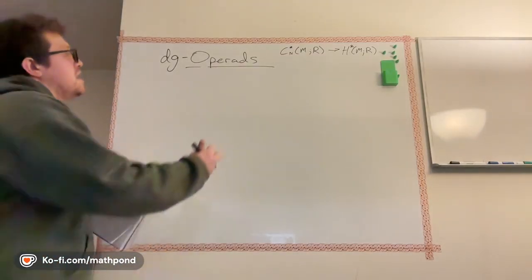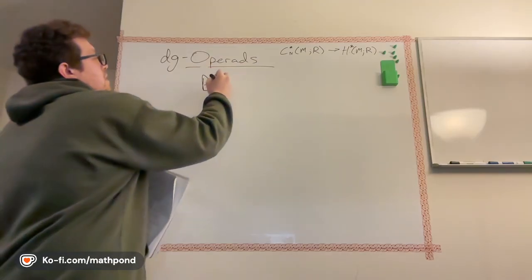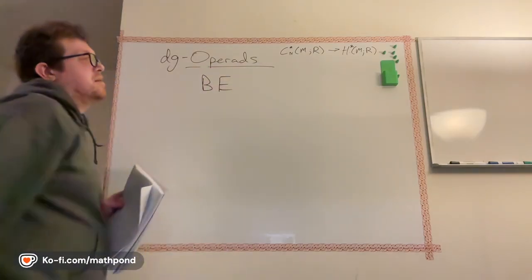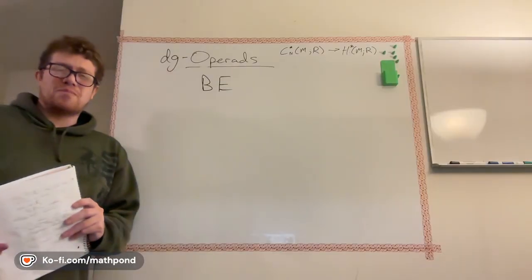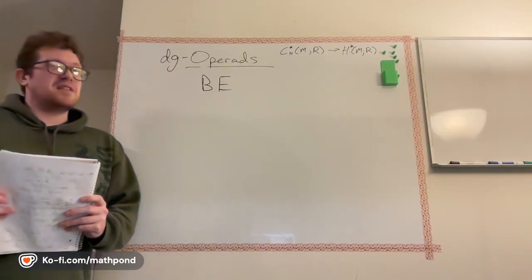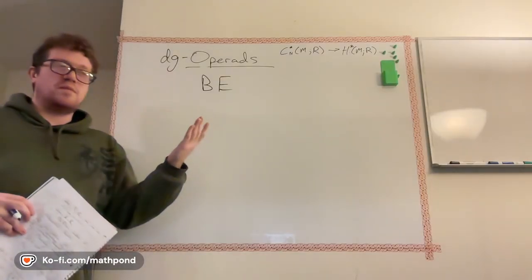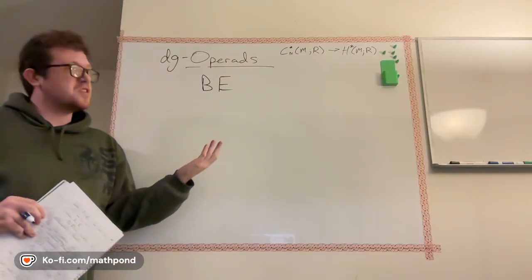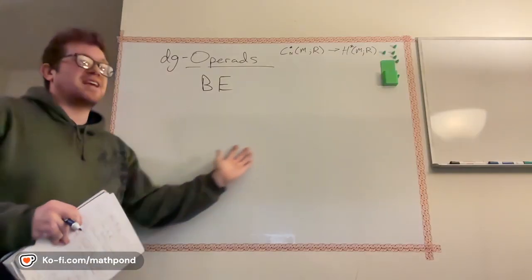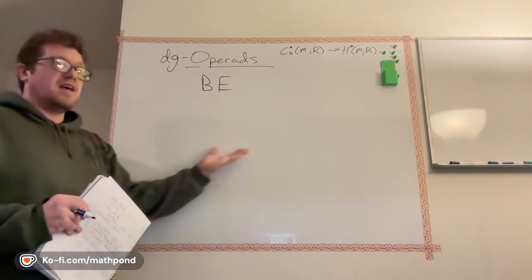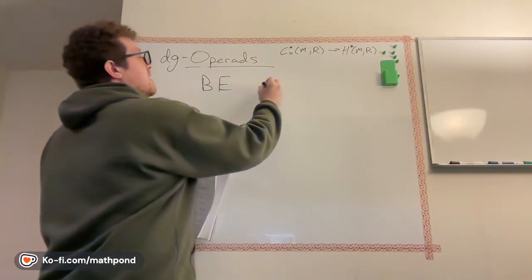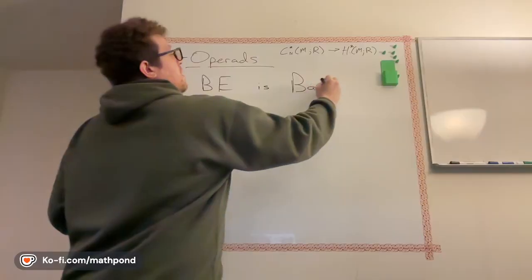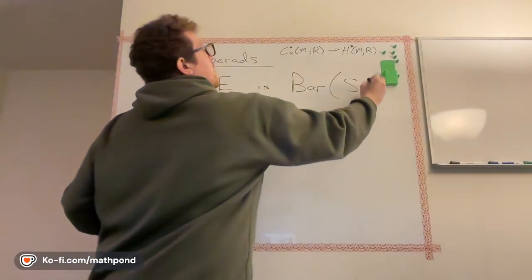Right, so this BE operad, you kind of want to think of it as a brute force thing where the set of permutations wasn't commutative, and it wasn't even commutative up to homotopy. So we're just adding in all the homotopies that are missing. So BE is basically the bar construction on Sn.